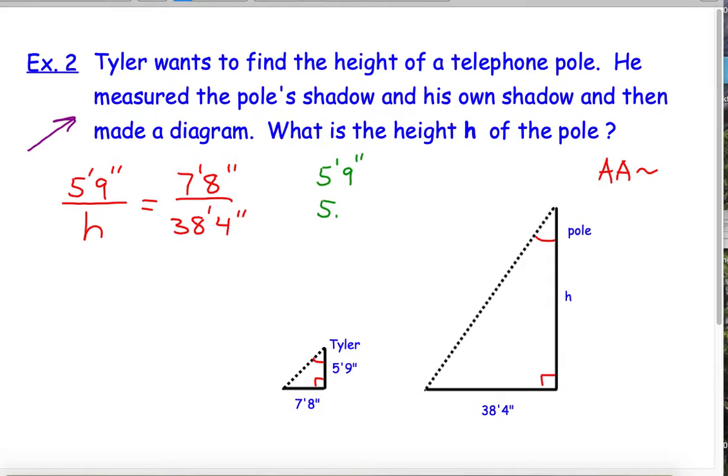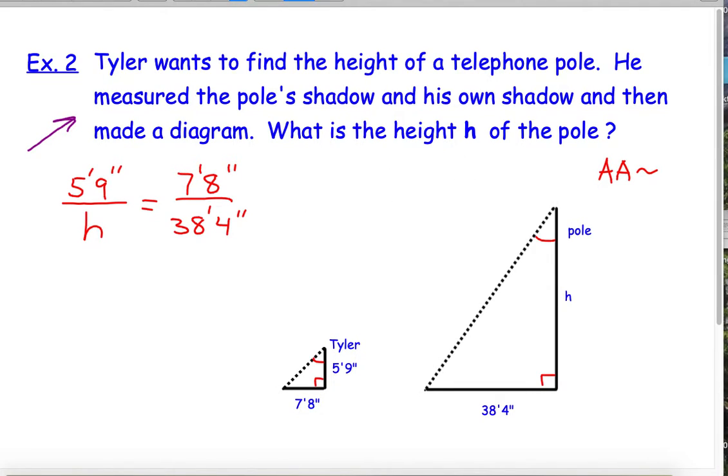Well, what's 9 inches? There's 12 inches in a foot. So 9 inches is 9/12 of a foot. What's 9/12? If you divide it on a calculator or if you reduce it, you'll see that it's 0.75. So 5 feet 9 inches is 5.75 feet.